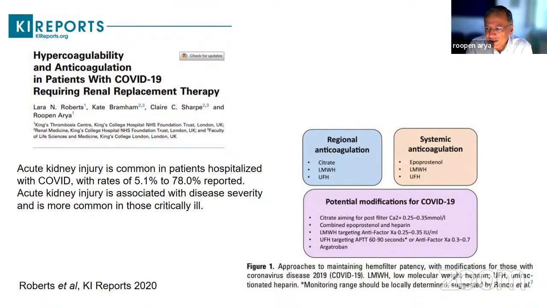And we suggested potential modifications for COVID-19 patients, including use of citrate or higher doses of low molecular weight heparin, using anti-Xa monitoring, and using alternative anticoagulants like argatroban.